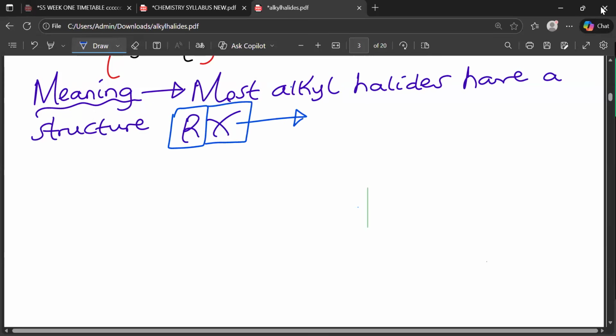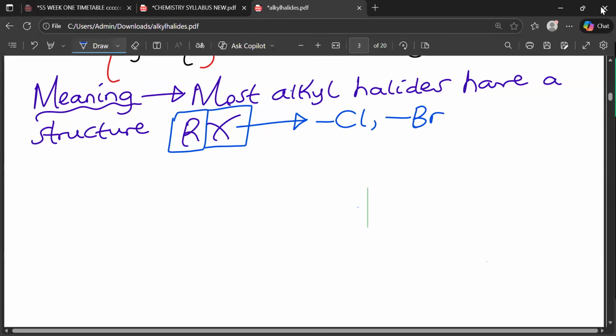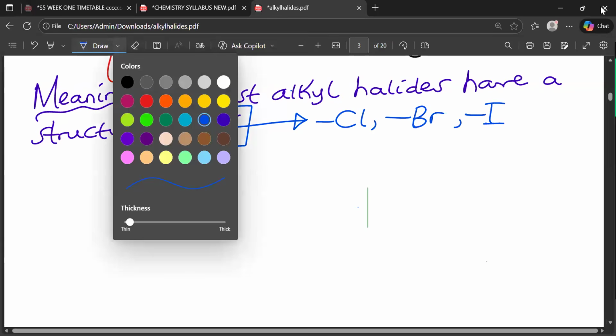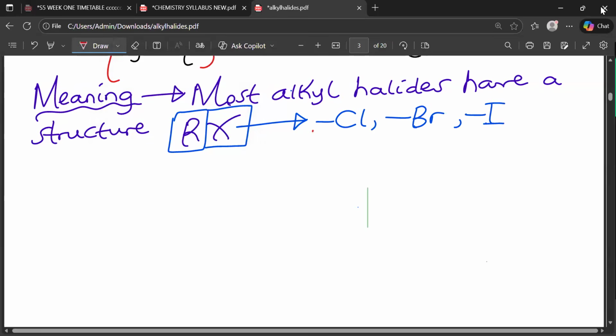Listen. The X is the Cl, the X can be the Br, the X can be the I. Since I've put there X, it's only one atom substituting.